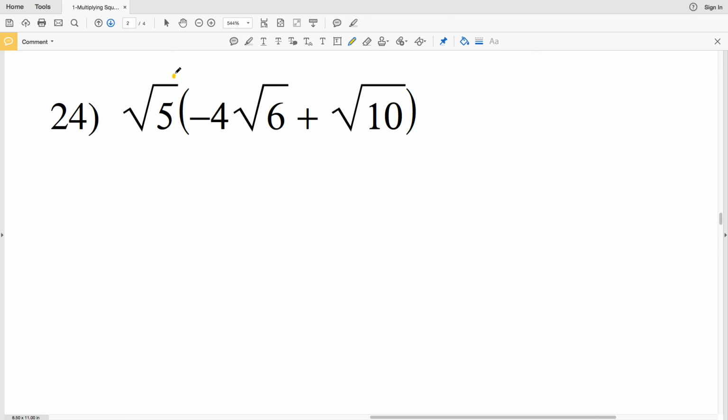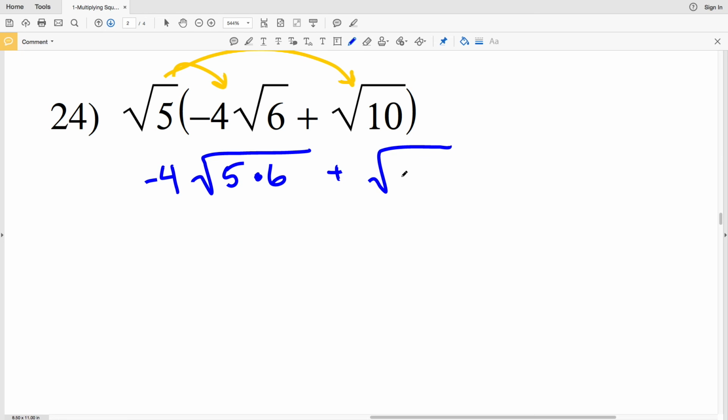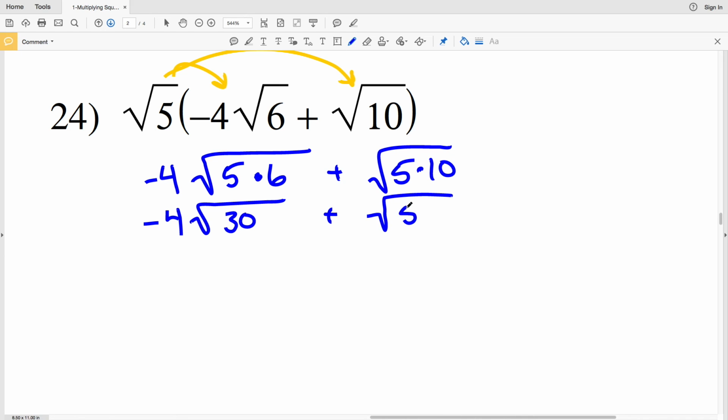Now in number 24, we're distributing the square root of 5. So we'll have negative 4 times the square root of 5 times 6 plus the square root of 5 times 10. Negative 4 times the square root of 5 times 6 is negative 4 times the square root of 30, and that gets added to the square root of 50.